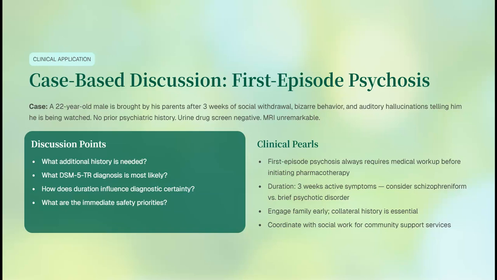So which one are we thinking of here? If symptoms persist beyond 6 months, then he would meet the criteria for schizophrenia. Remember, duration is critical. Critical. Okay.